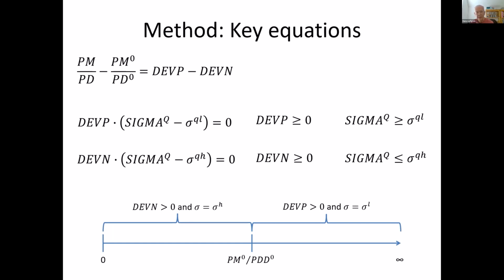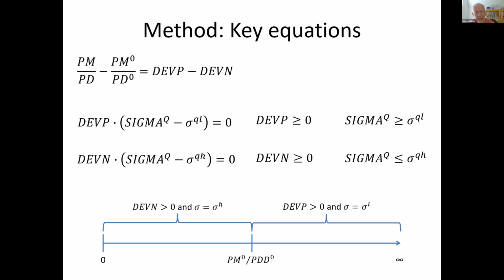And then you can see, if you look at the complementary slackness condition, the next equation there, that if dev P is positive, well, then sigma Q has to be equal to sigma QL. So you get the lower limit for the elasticity.